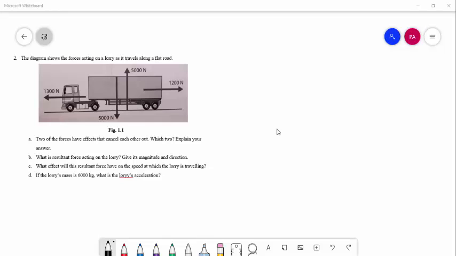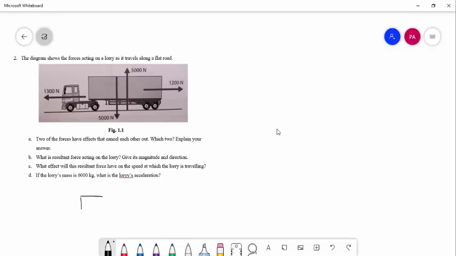There is a picture here, and for number 1, two of the forces have effects that cancel each other out. This means the ones that have zero resultant force. First one, just like the number 1, we can simplify this picture.